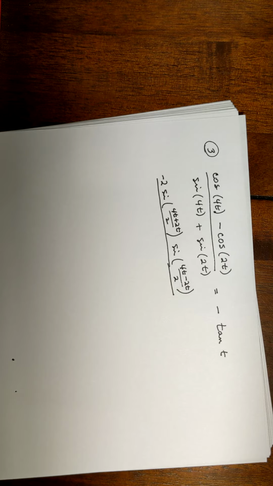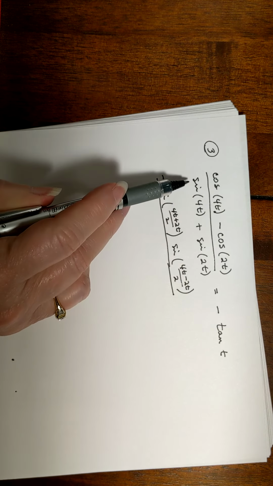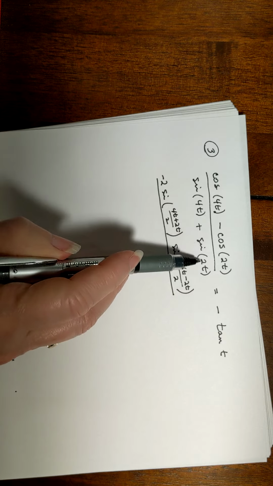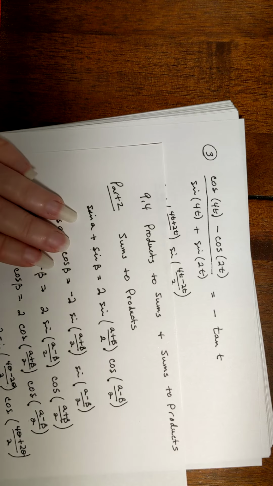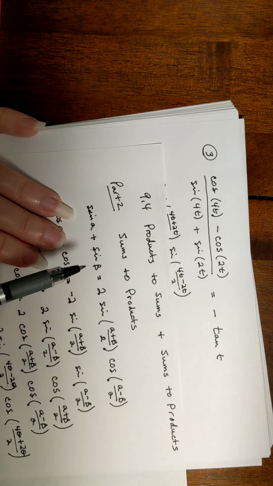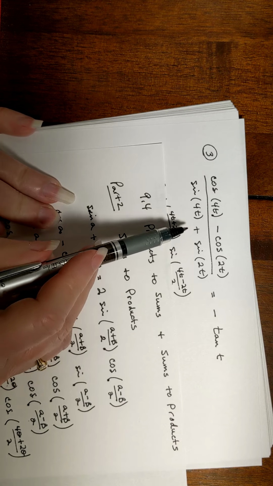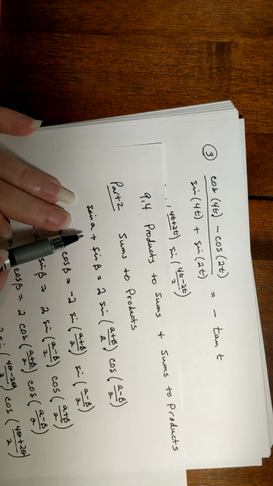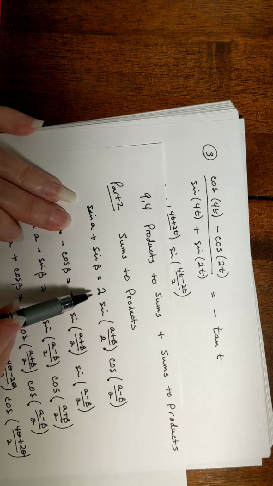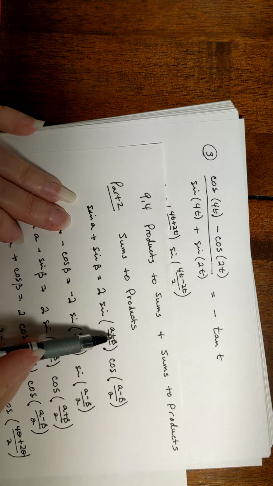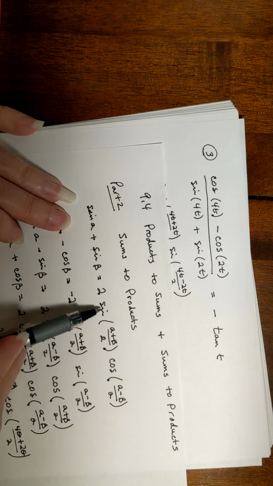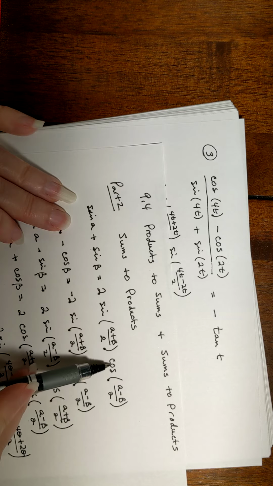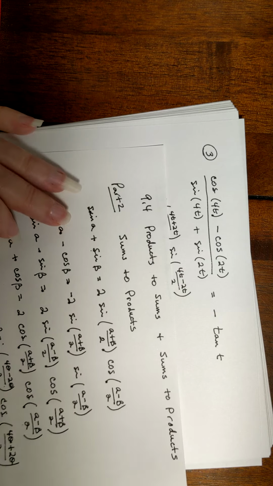This denominator here is the sine of 4t plus the sine of 2t. So again, I'm going to look at my sum to products formula, and I'm looking for the sine of A plus the sine of B. So that's this one. It's 2 times the sine of A plus B over 2 times the cosine of A minus B over 2.